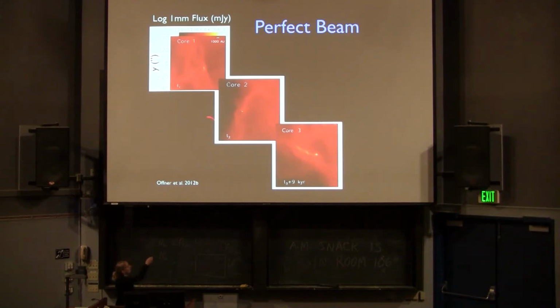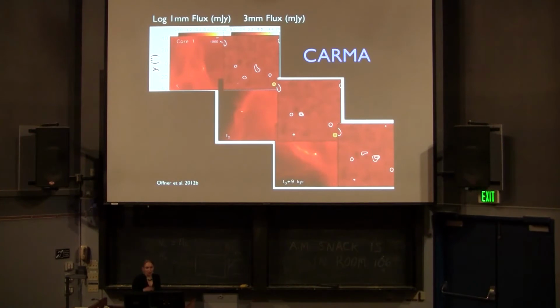So you can see here there's a lot of structure. But now, when you go ahead and observe these with KARMA using the same resolution that he did, it's completely wiped out. So maybe there's a very weak detection, which is consistent with many of his non-detections, but basically you see nothing.